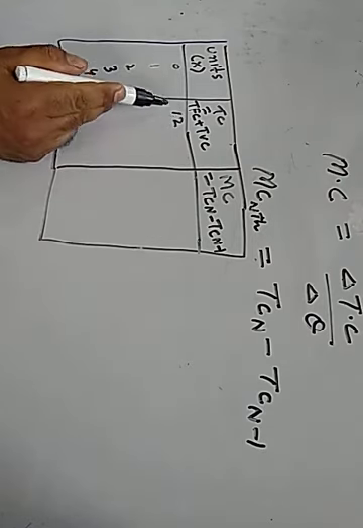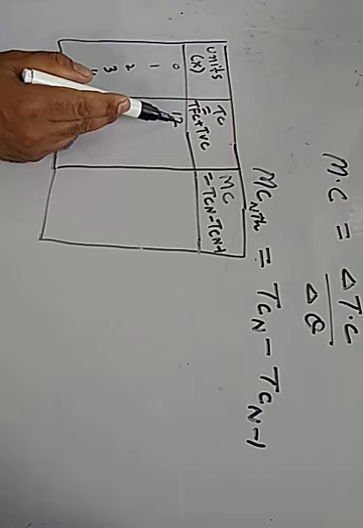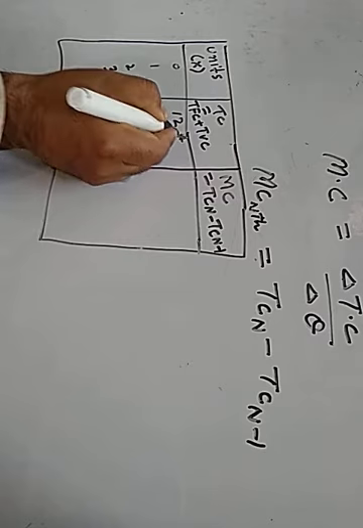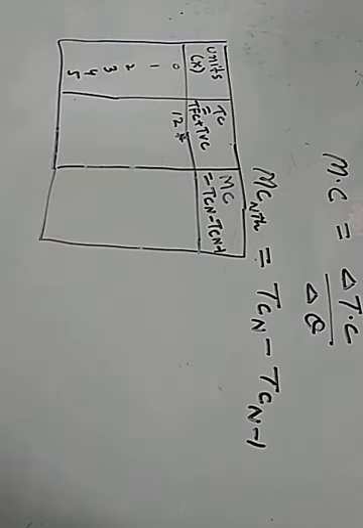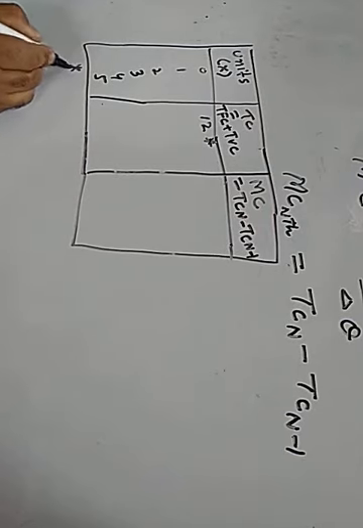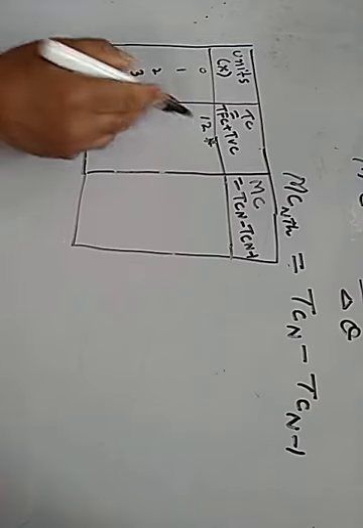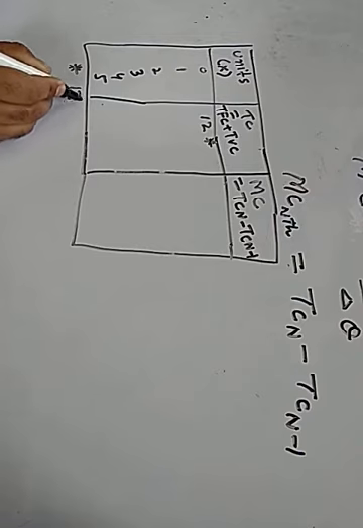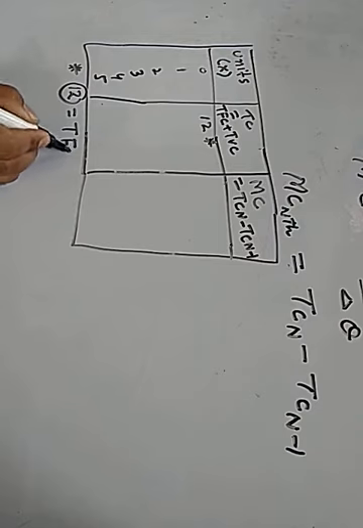This 12 rupees, as you know, is the cost in the form of fixed cost. This asterisk sign in the footnote of this table makes it clear that this 12 rupees is total fixed cost.